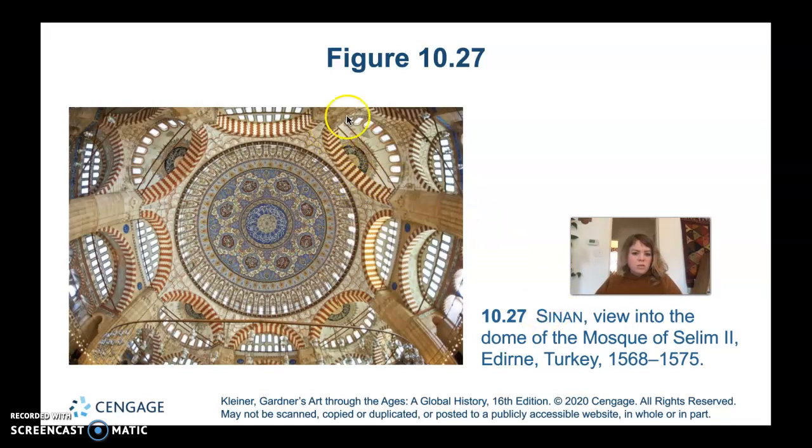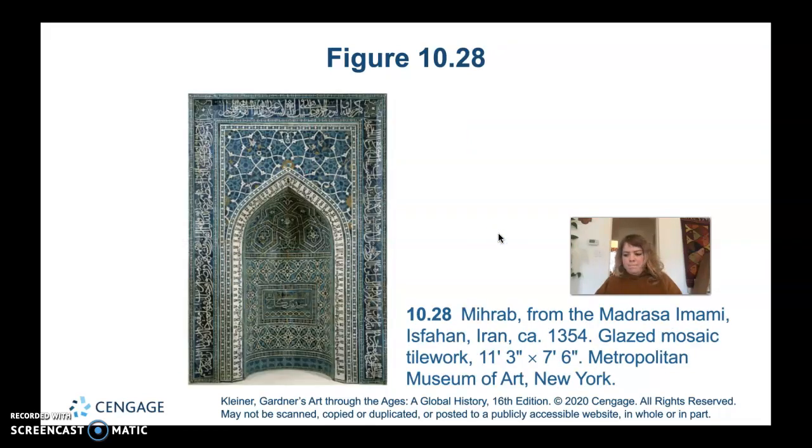As you can see, there's a ton of windows inside the dome pictured here, with a centralized motif in the middle. So lots of light and a very unified space, but also very varied because of all the pattern.